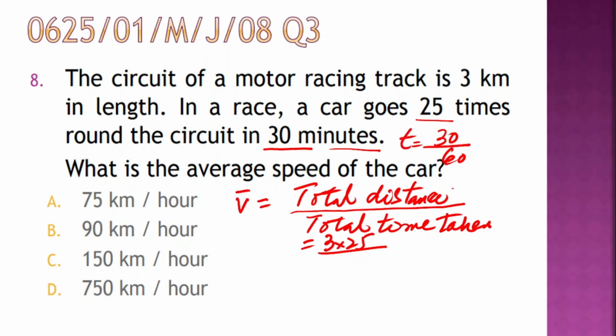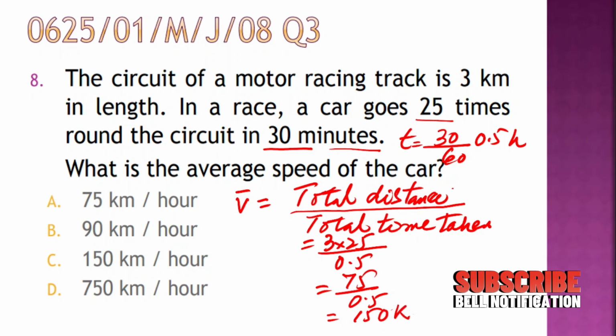So it will be 0.5 hour. Now it's 75 over 0.5. Dividing 75 by 0.5 will give you 150 km per hour.